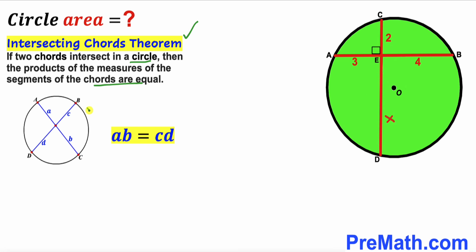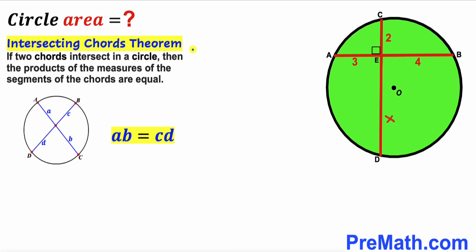Here we have these two chords AC and BD, and they intersect each other, and as a result we end up with segments lowercase a, b, c, and finally d, such that a times b is equal to c times d, as in this equation. Now in this problem, we have two chords AB and CD that intersect each other at point E.